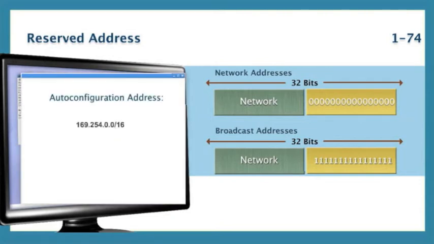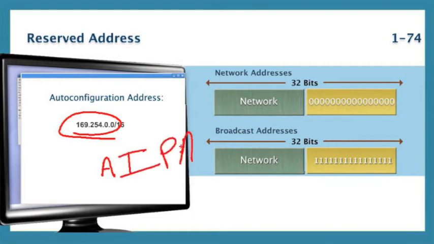And let's remember another address that's reserved in our environments, and that's 169.254/16. What is this address, 169.254? It's the AIPA, the Automatic IP Addressing Scheme.